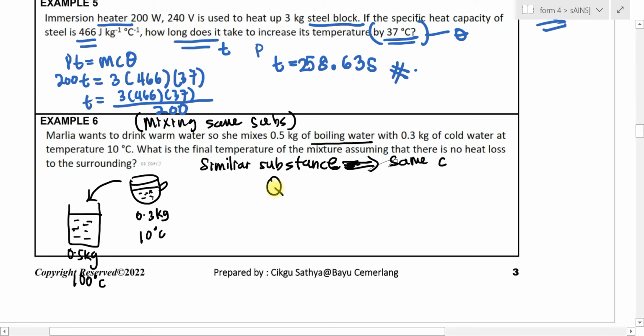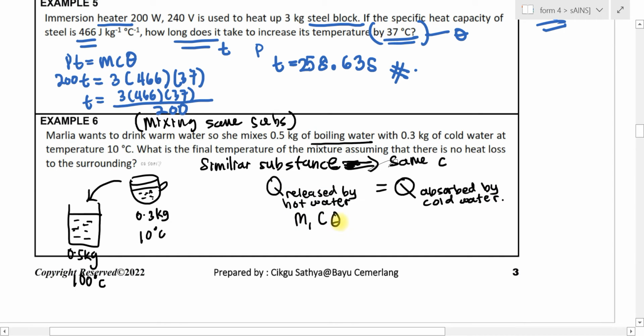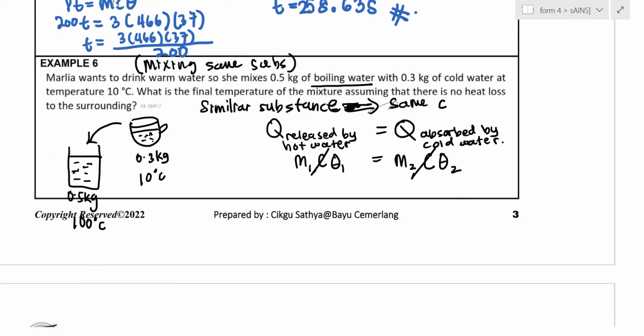So the heat energy released by hot water should be equal to heat energy absorbed by cold water. That means m1cθ1 equals m2cθ2. Why I put c only? Because similar substance, similar c. They cannot be c1 and c2. So kita c dengan c kita potong, sebab dua-dua c kan.